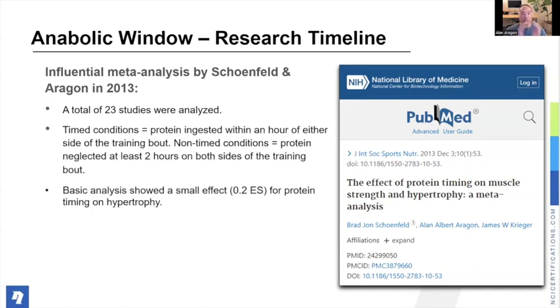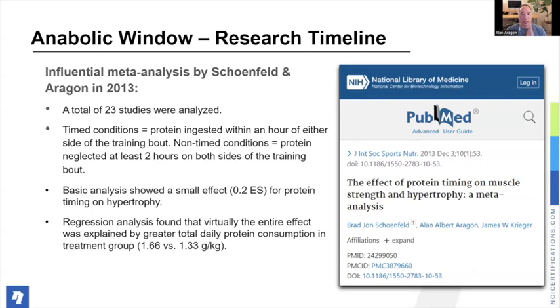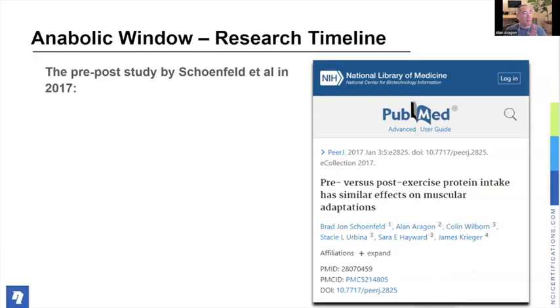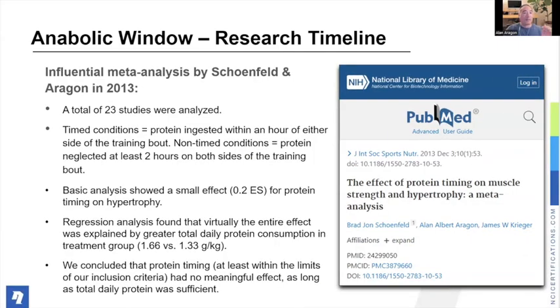Our conditions were set at comparing studies that timed protein immediately pre or post exercise, in other words, that timed protein within an hour of pre or post exercise. So those were the timed conditions.